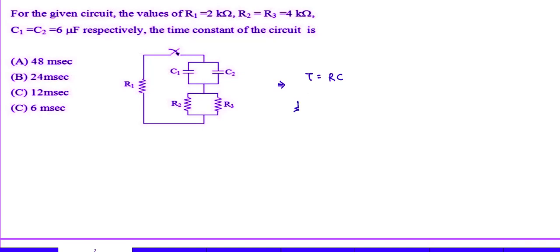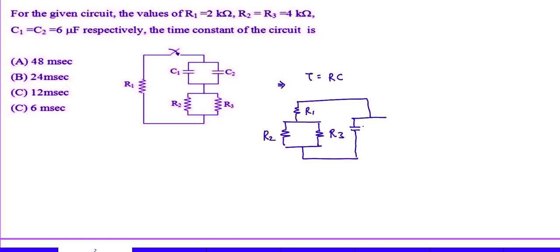I can write this circuit with R1, R2 and R3, and C1 and C2. So what is R equivalent? R equivalent equals R2 parallel to R3 plus R1. What is C equivalent? C equivalent equals C1 plus C2.